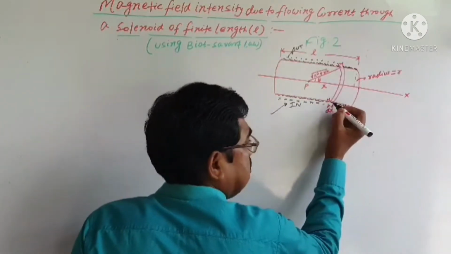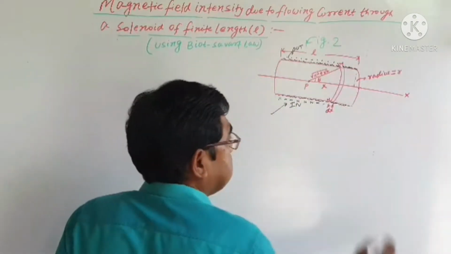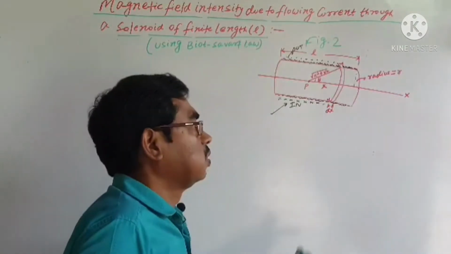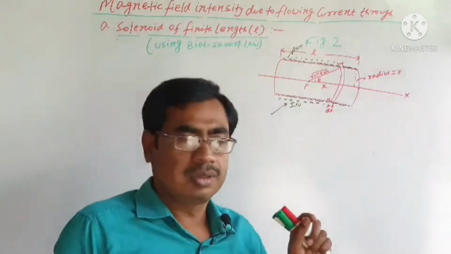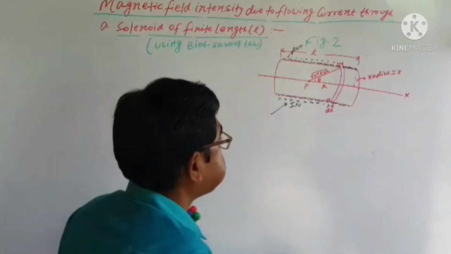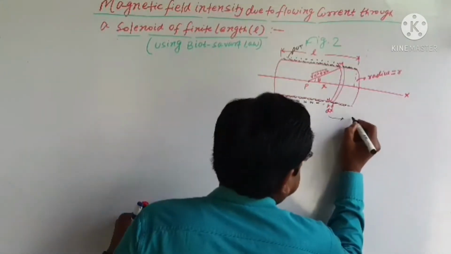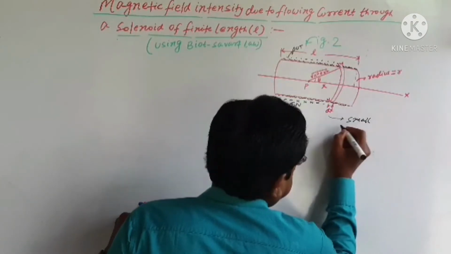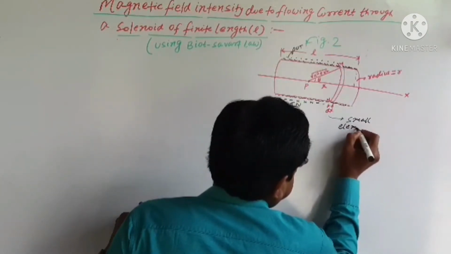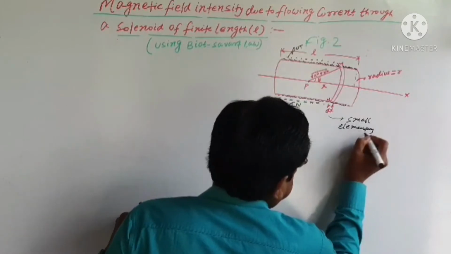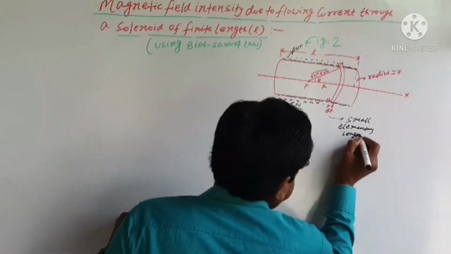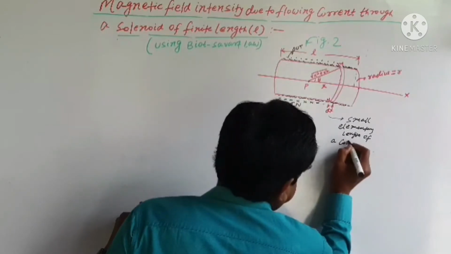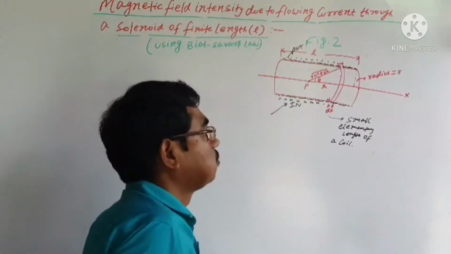This is stated also as a coil which is taken as dx. Small, what is dx? Small elementary length of a coil. Okay.